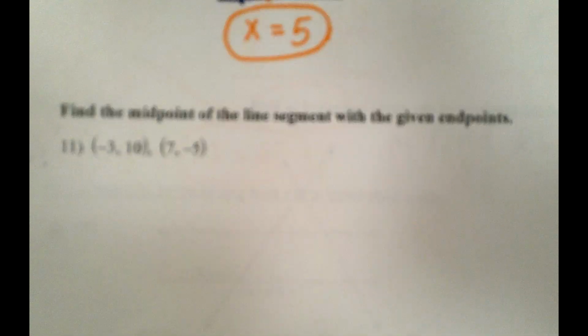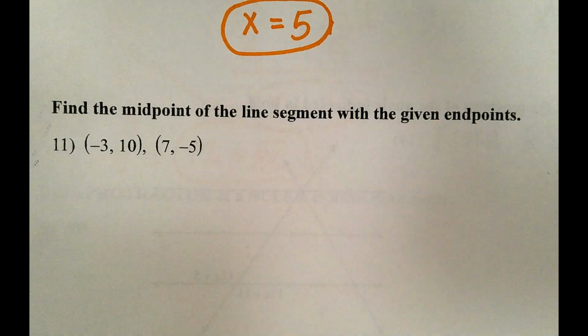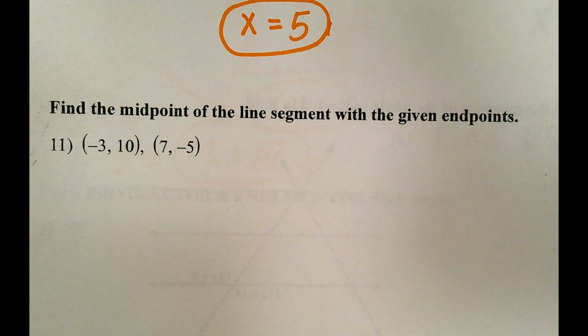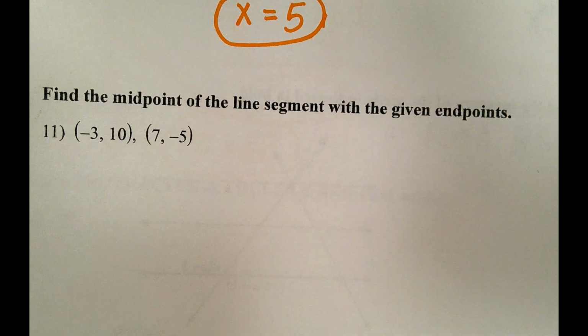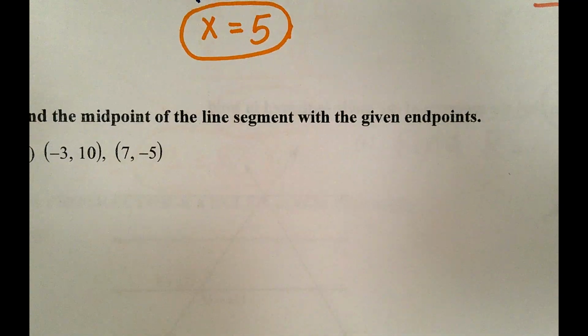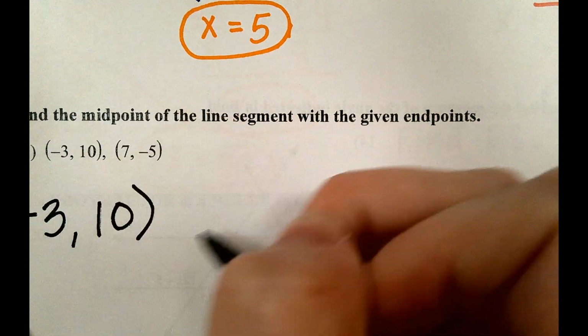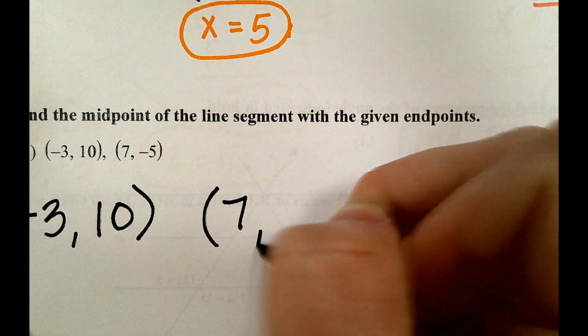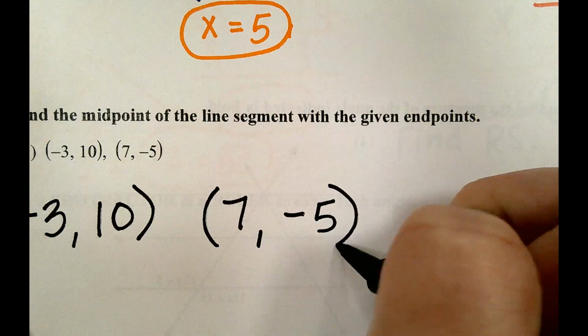So the very first thing we need to do is label our points. I'm going to rewrite them a little bit bigger so it matches the rest of my work. You don't have to rewrite it, but I'm going to. -3 and 10, and then 7, -5.